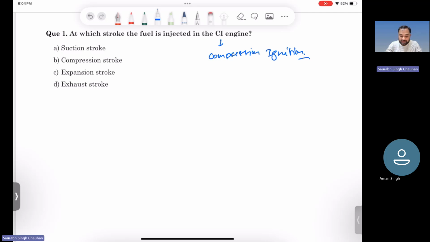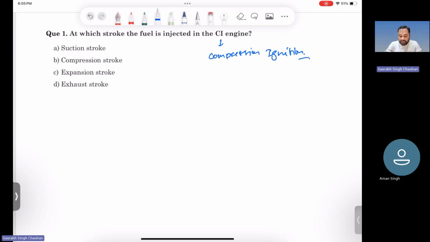As you know, there are 4 strokes, right? It is a 4-stroke engine: suction stroke, compression stroke, expansion stroke, and exhaust stroke. And we know that fuel is injected near the TDC, but not exactly at TDC. It is injected a little before TDC. So near the end of the compression stroke, fuel is injected in a CI engine.